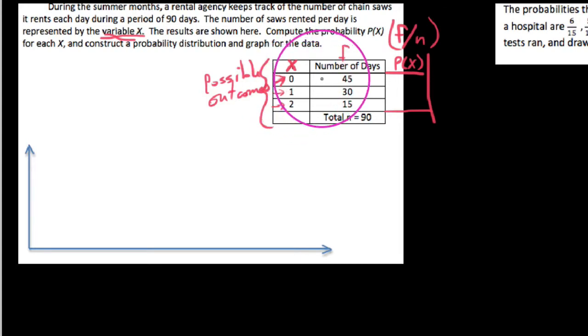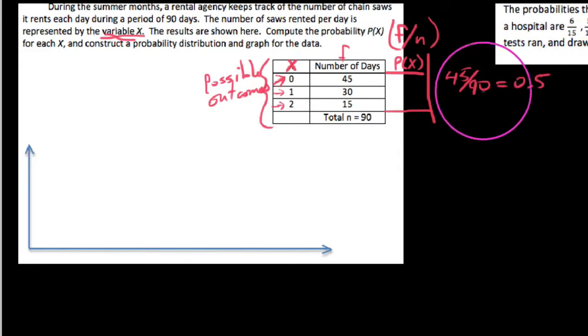For instance, what percentage of the days did we rent out 0 chainsaws? Well, we rented 0 on 45 of the 90 days. What would this be as a probability? If we type this into a calculator, we get 0.5. So it's a 0.5 probability of happening, or a 50% chance of occurring. How about one chainsaw?